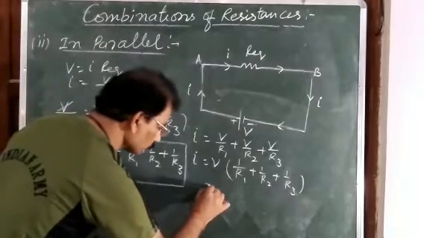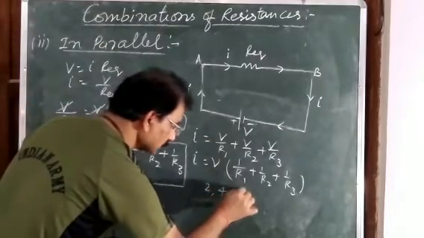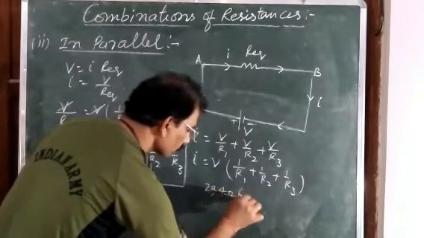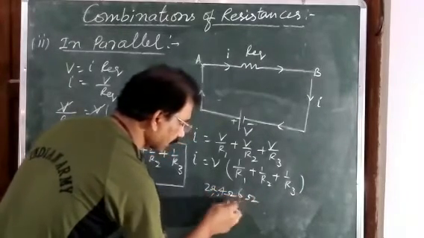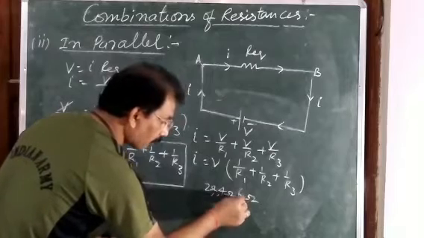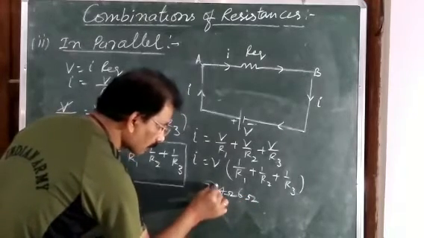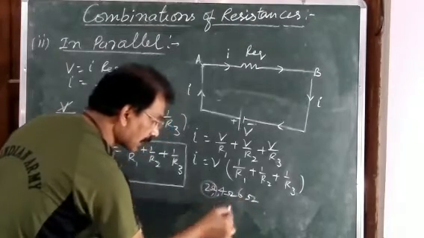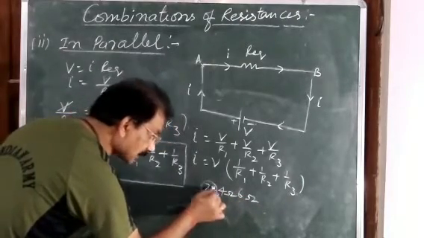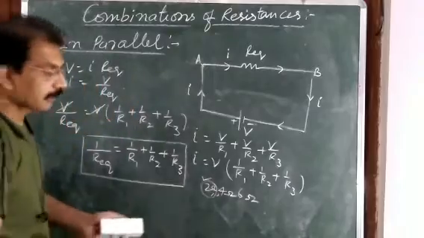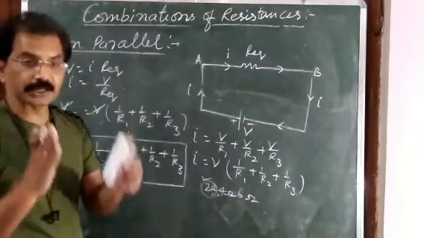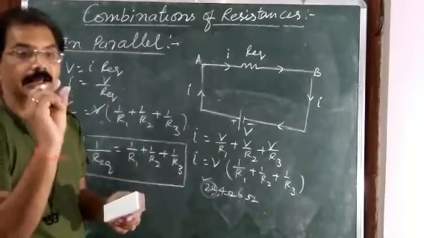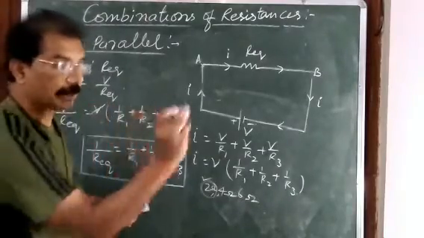Suppose again, 2 ohm, 4 ohm, 6 ohm connected in parallel. The smallest resistance is 2 ohm, and when you calculate its equivalent resistance in parallel, that equivalent resistance will come less than 2 ohm. It means if you want to decrease the resistance of any circuit, then you add a small resistance in parallel.